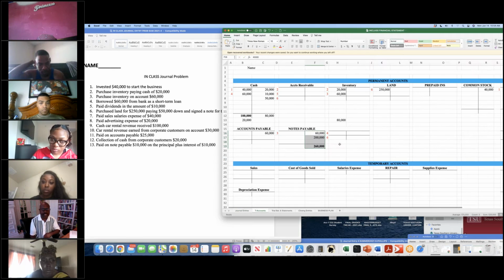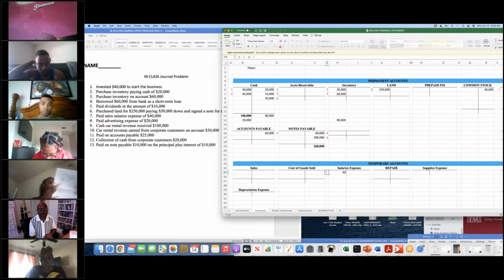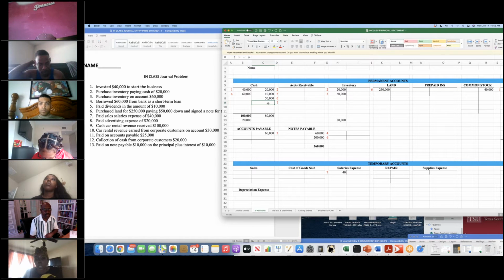So let's move that to the T account. If I don't go back and correct this posting here, what's going to happen? It won't balance.